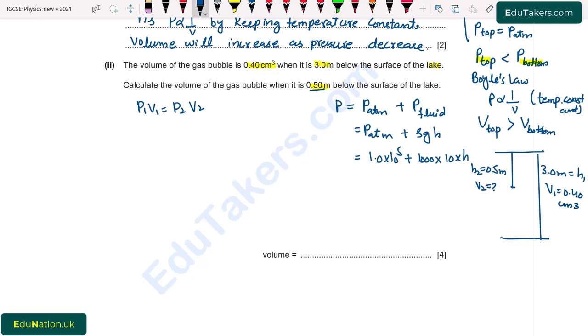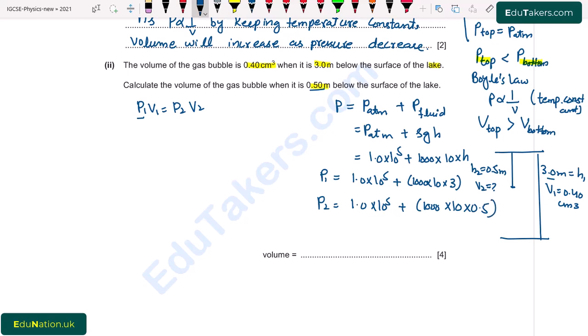When we calculate P1, we use the height 3 meter. When we calculate P2, we use the value of H2. So P1 will be equal to 1.0 times 10 to the power 5 plus 1000 multiplied by 10 multiplied by 3, and P2 will be equal to 1.0 times 10 to the power 5 plus 1000 multiplied by 10 and 0.5.